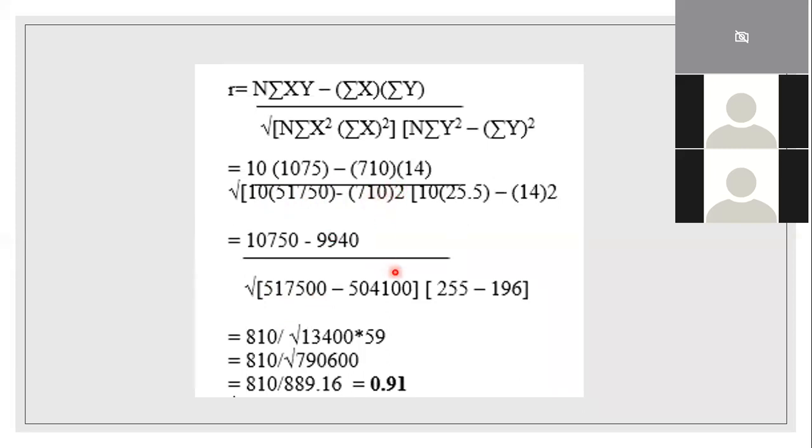When we square that, we get 504,100. You do the same thing in the next square bracket. So it's 10 times the sum of y squared, 10 times 25.5, which gives you 255. And then 14 squared, which is going to give you 196.